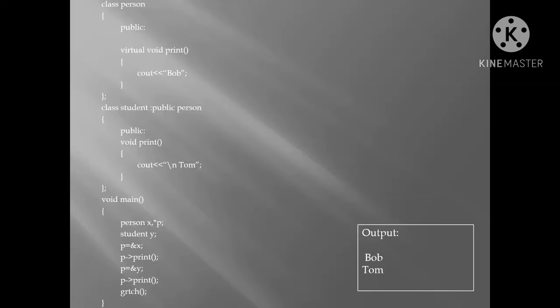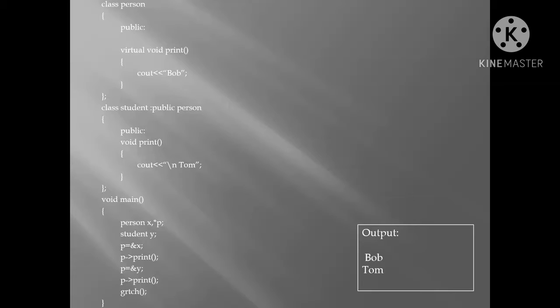Now when your pointer is pointing to a base class, it means you are calling the function which is there in base class. And when your pointer is pointing to a derived class, it means you are calling the function which is there in derived class.